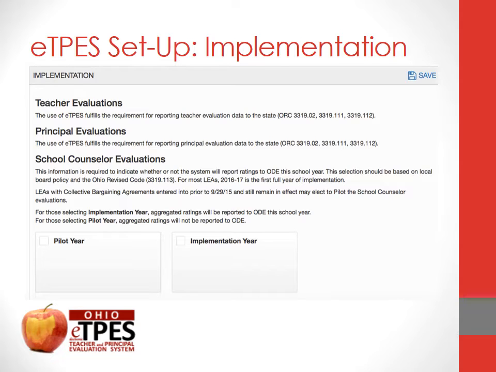This is no longer the case, and all districts are implementing teacher and principal evaluation now. It is possible that districts may elect to pilot the Ohio School Counselor Evaluation System only if the district has a collective bargaining agreement entered into prior to September the 29th, 2015, and that collective bargaining agreement is still in effect.